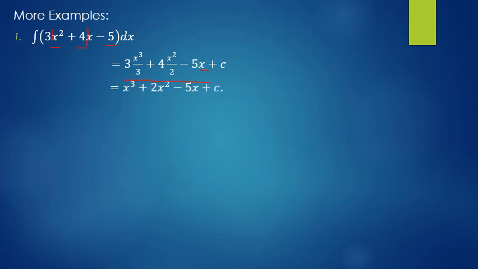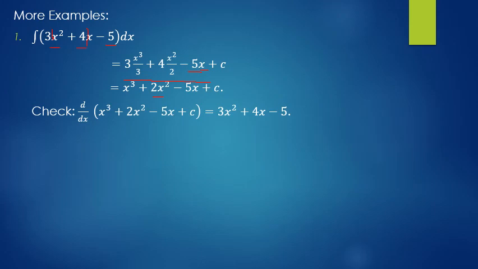So the 3's cancel, so we are left with x cubed. 4 and 2 will cancel, so we are left with 2x squared, and then no change for minus 5x plus c. And then again, we can do checking. It's not required to do checking, but it would help. If we get the derivative of the answer, then we get the original integrand from the given.